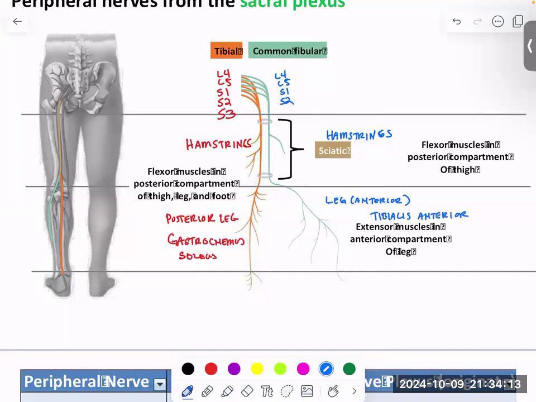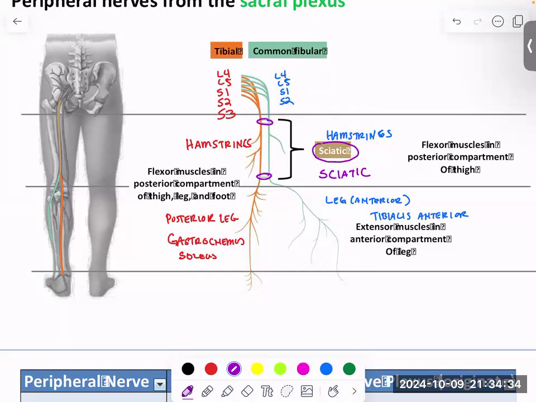This is where it's weird. This region right here, the tibial and fibular nerve, anatomists used to think that was a whole separate nerve. That is the sciatic nerve. The sciatic nerve is not an individual nerve.